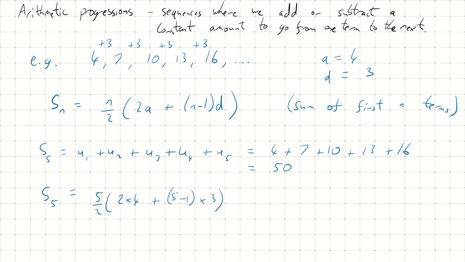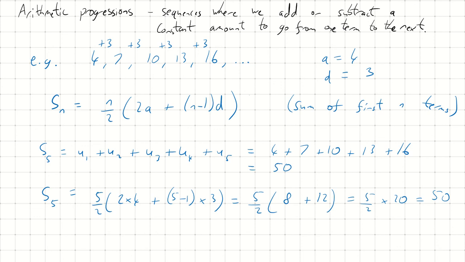Okay, let's just simplify the brackets. We get 8 plus 4 times 3, which is 12. We get 5 over 2 times 20, which is indeed 50. So our formula worked out fine.